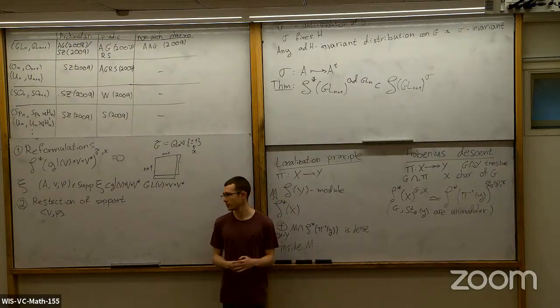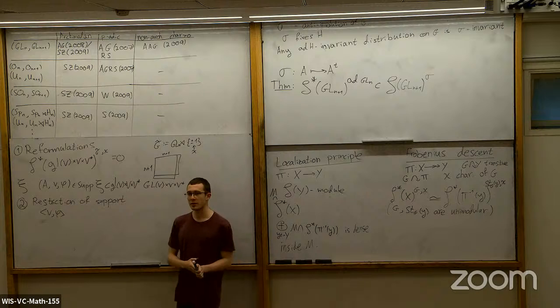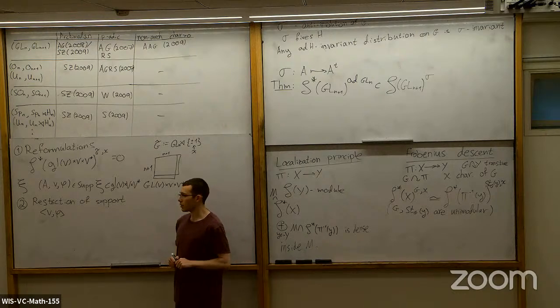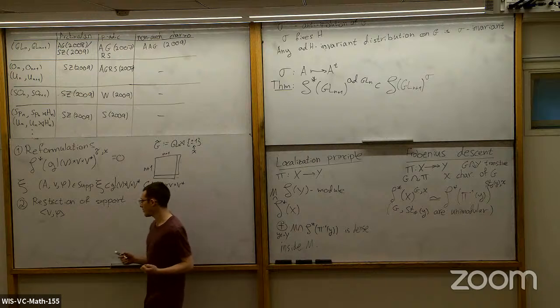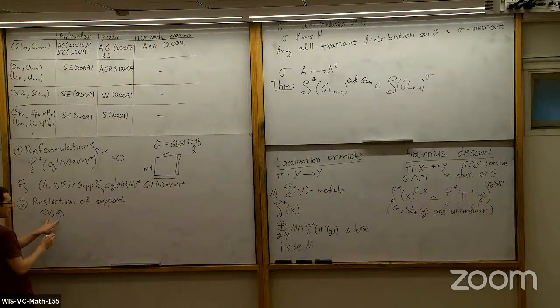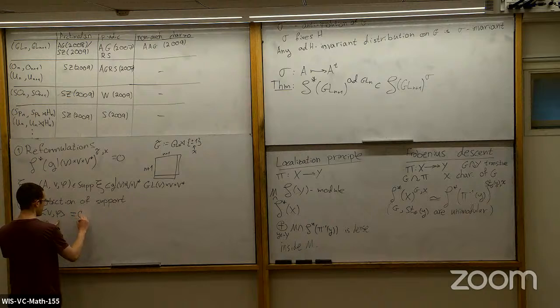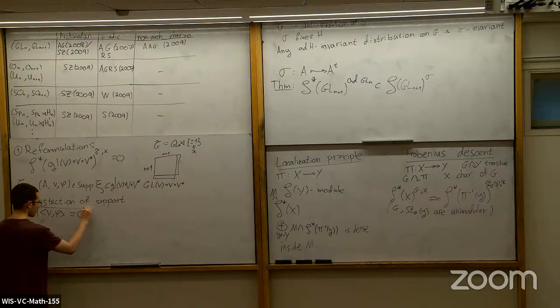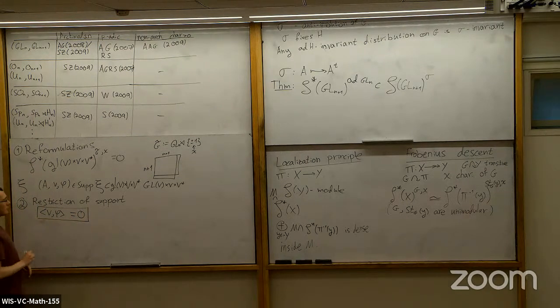So we can use induction and then assume that it is 0. Actually, we show here that for any such point in the support, this pairing must be 0. So this is a key claim.